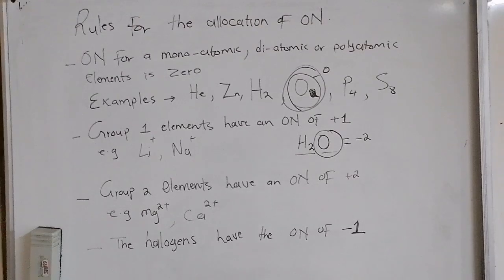So now we'll do some examples where I'll show you how to determine the oxidation number. But these rules are very important. Make sure that you know them and practice them now, because you cannot find the oxidation number of any substance or element if you do not know these rules.